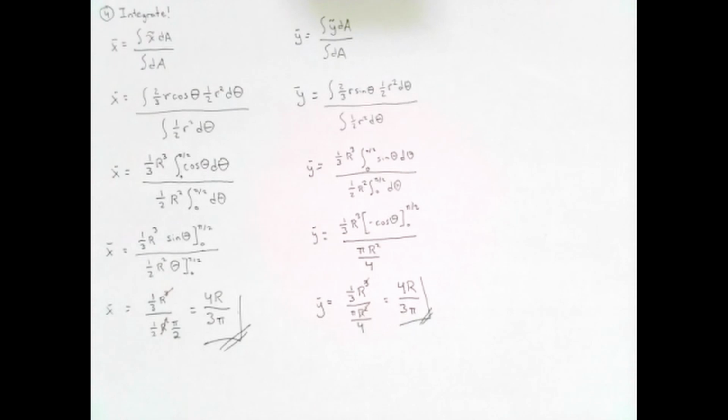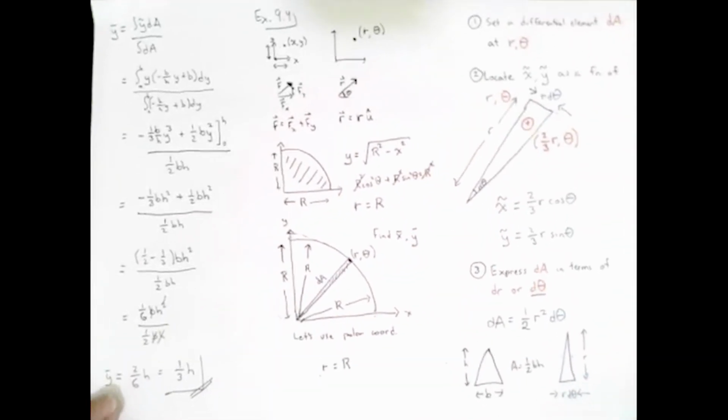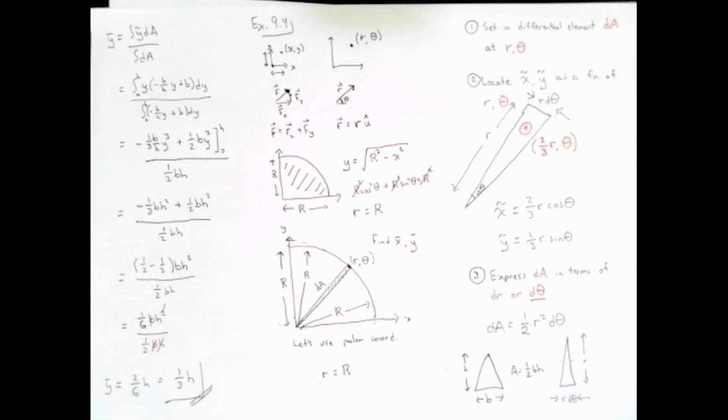At this point, are there any questions? It's a lot of work to find a centroid, but it is what it is, really. So we've solved two-dimensional problems, one in Cartesian and one in polar coordinates.